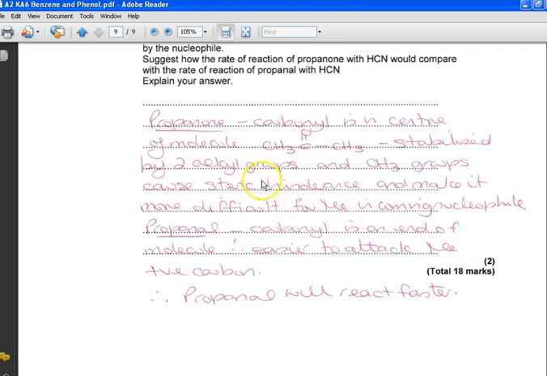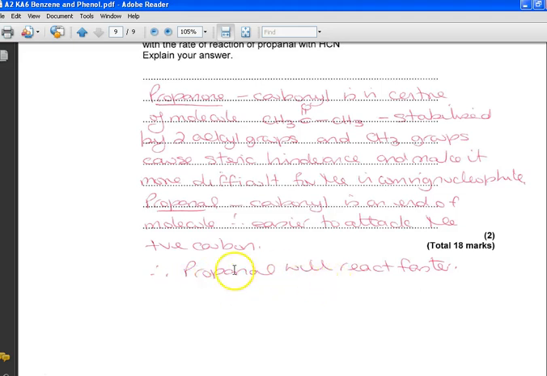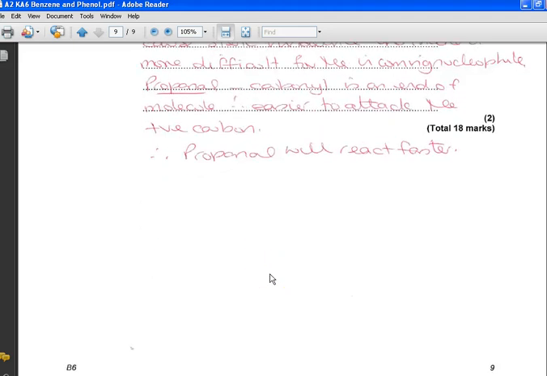So it's generally going to be more difficult for propanone to react, whereas for propanal the carbonyl is on the end of the molecule, and it's pretty easy for the incoming nucleophile. And then make the final statement that propanal will react faster, or you could have said it at the top and then gone on to explain why.